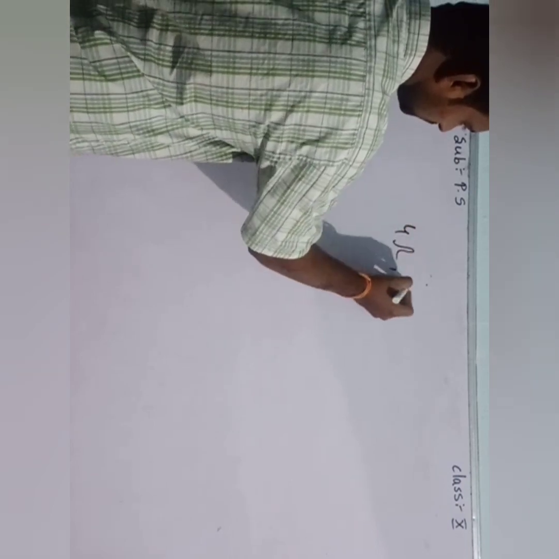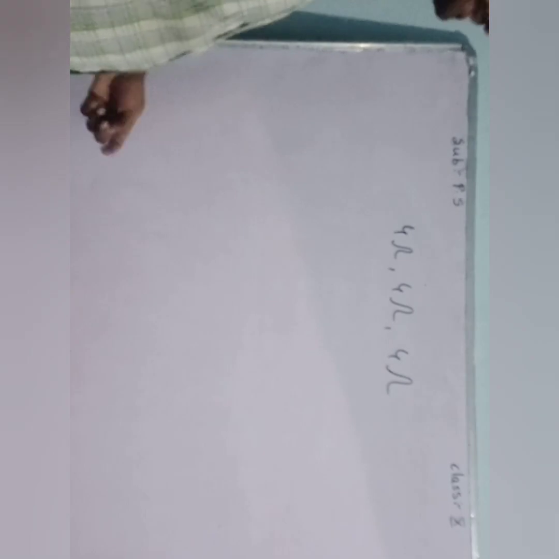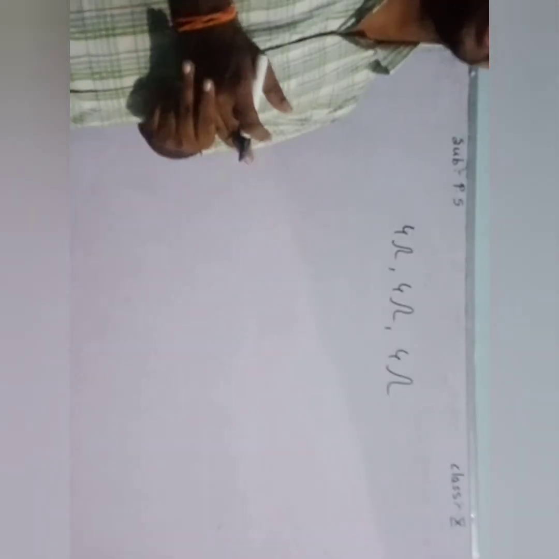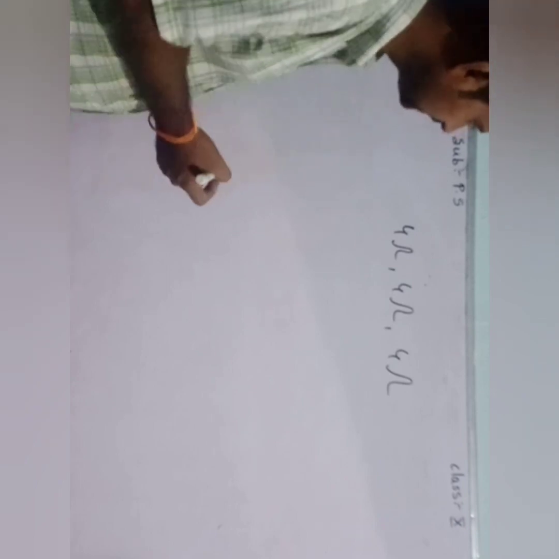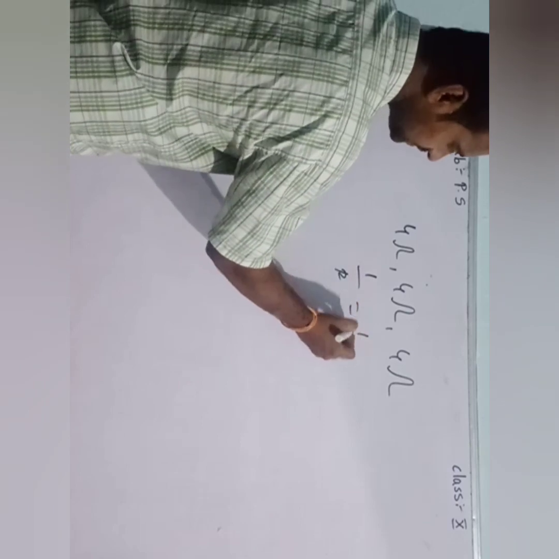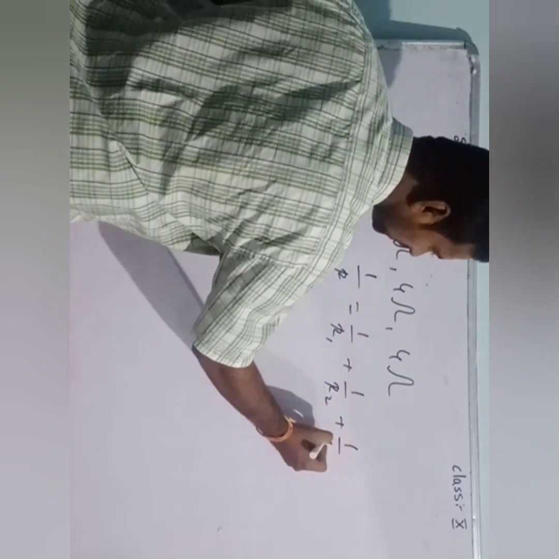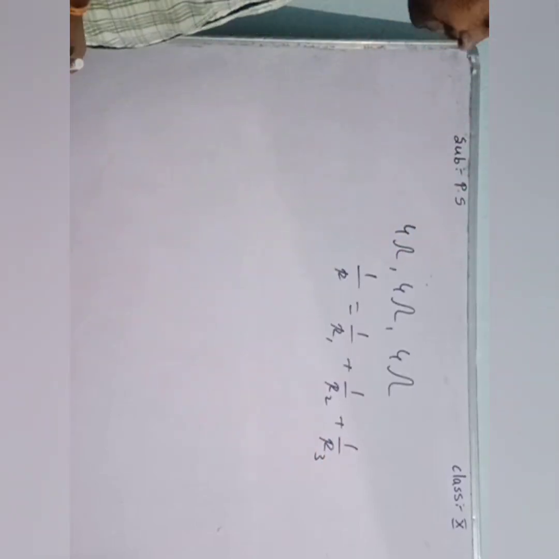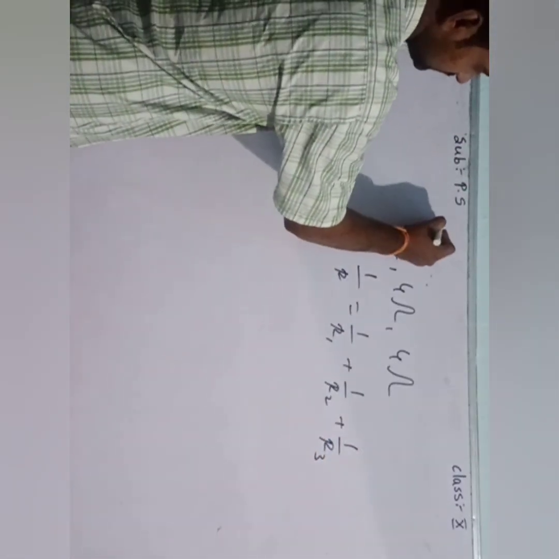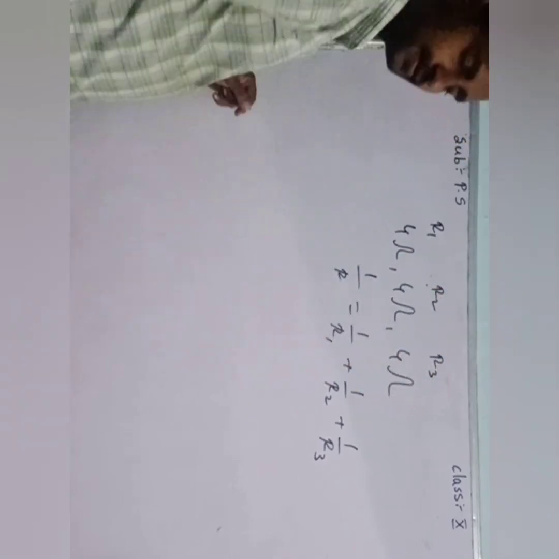For example, 4 ohms, 4 ohms and 4 ohms. These 3 resistors are connected in parallel. Now what is the equivalent resistance? In parallel combination, what is the formula? 1 by R is equal to 1 by R1 plus 1 by R2 plus 1 by R3. The first one is R1, the second one R2 and the third one is R3.